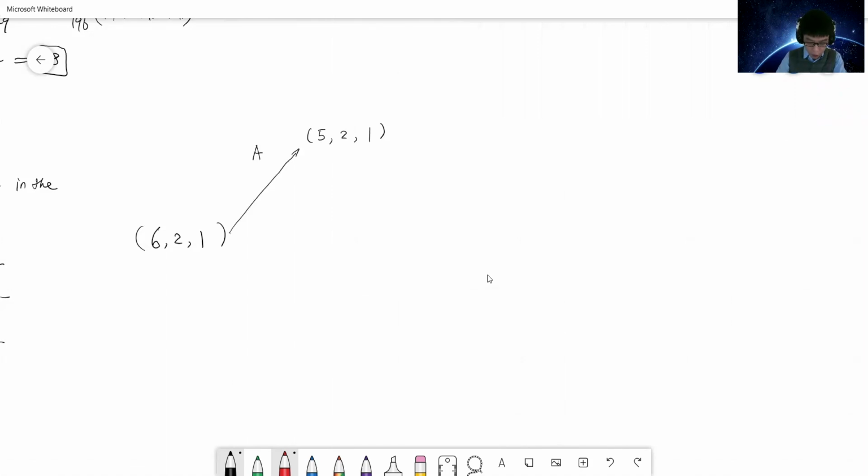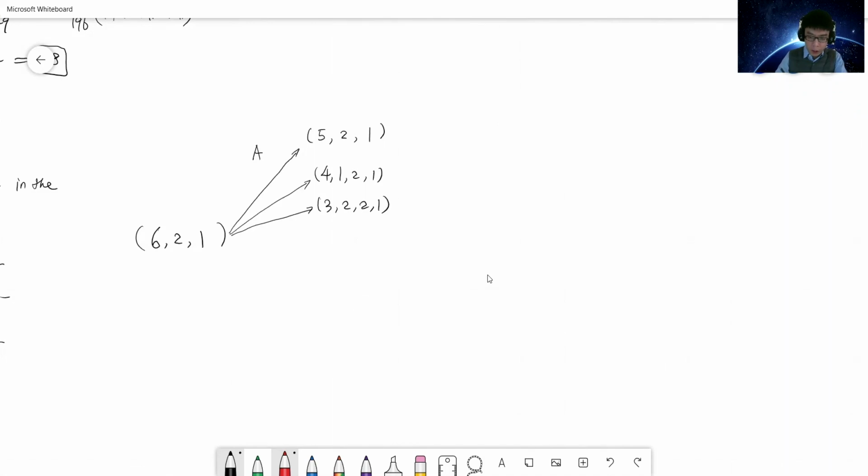There are several cases. It could be 4-1-2-1. It could be 3-2-2-1. So that's 3 cases where Arjun removed one brick from the piece with 6 bricks.